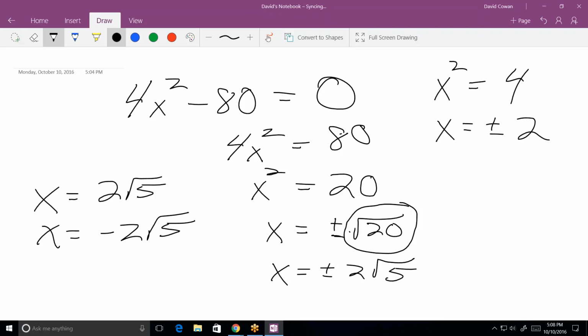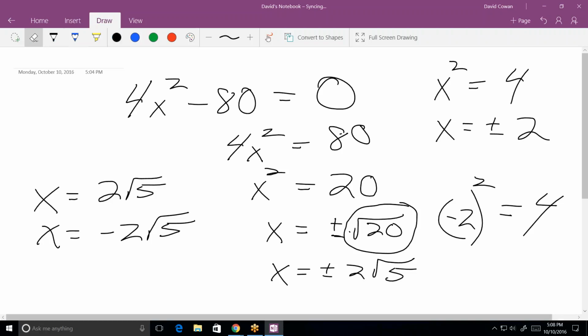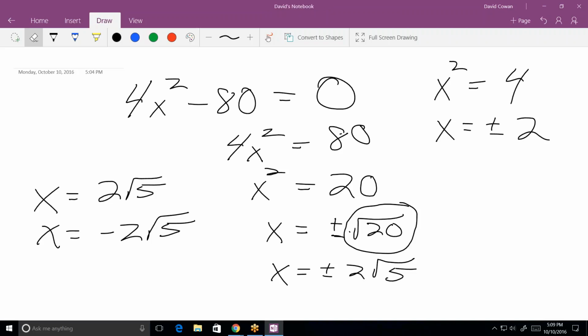Notice that minus 2 works just fine. If I plug in minus 2 for x, what's minus 2 squared? Positive 4. Minus 2 works just as well as plus 2 does. So in going in reverse, where you're taking the square root of a number, you have to always include the plus and the minus part.